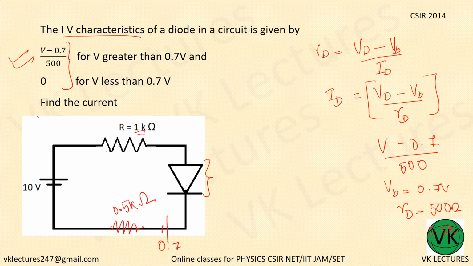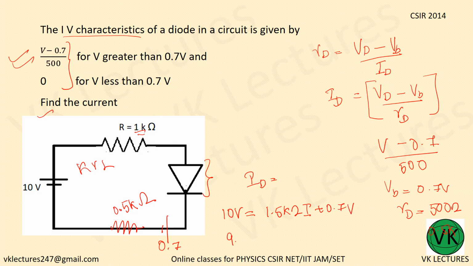Now I want to find out the current ID. Applying KVL to this loop, we have 10 volt is equal to (1k plus 0.5k), that is 1.5k ohm, into I, plus 0.7 volt.